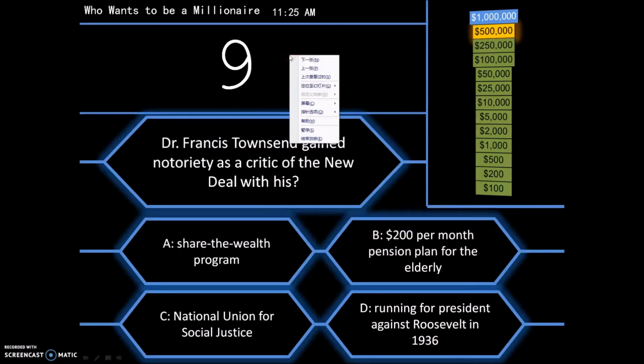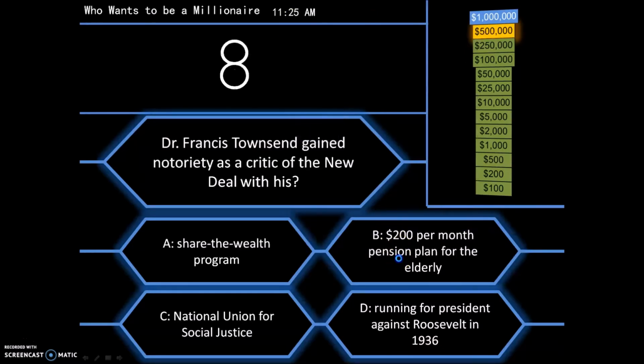So there were those demagogues and critics of the New Deal, and Dr. Francis Townsend had proposed to help the elders. So this one should go to B. The answer is B.